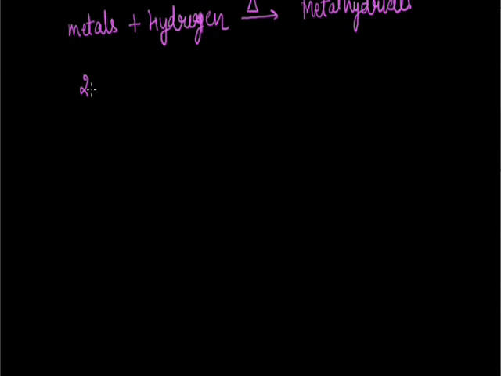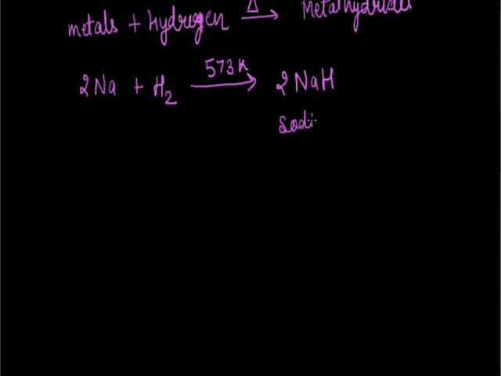For example, with the sodium, it will react with the hydrogen at 573 Kelvin. It will form the sodium hydride. It is ionic in nature, so we can say that it is formed by the ions, like sodium ions combining with the hydrogen.